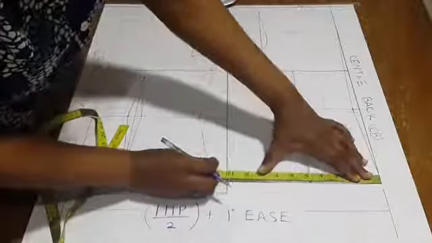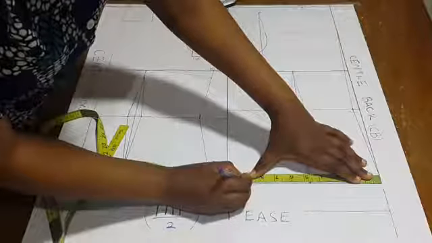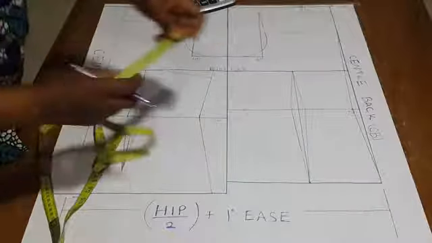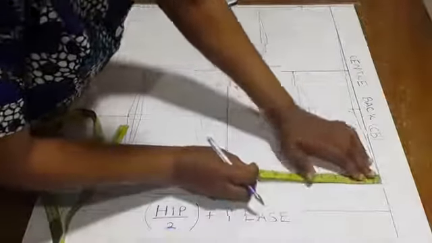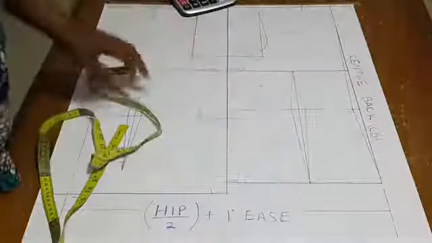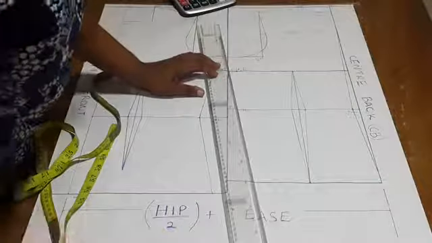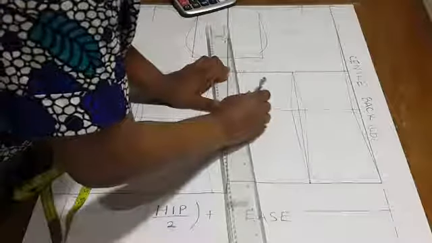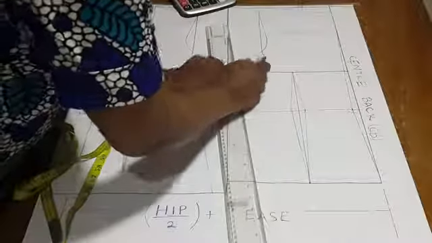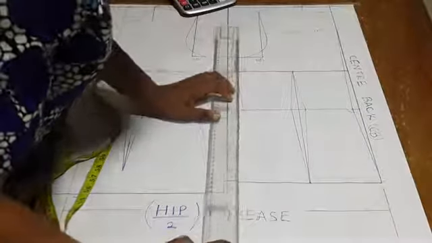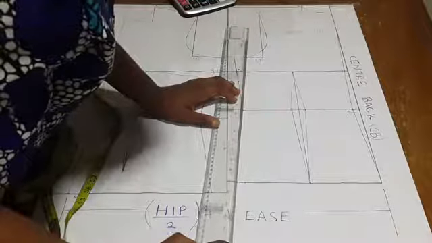That is it. Then I come here from the center back line and I input my hip measurement. Oh, sorry, my hip is 38. So 38 divided by 4 gives us 9.5. So I connect it this way.